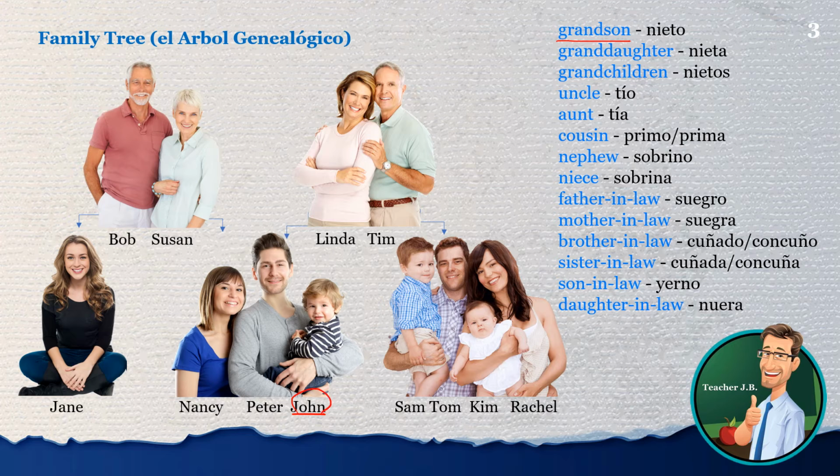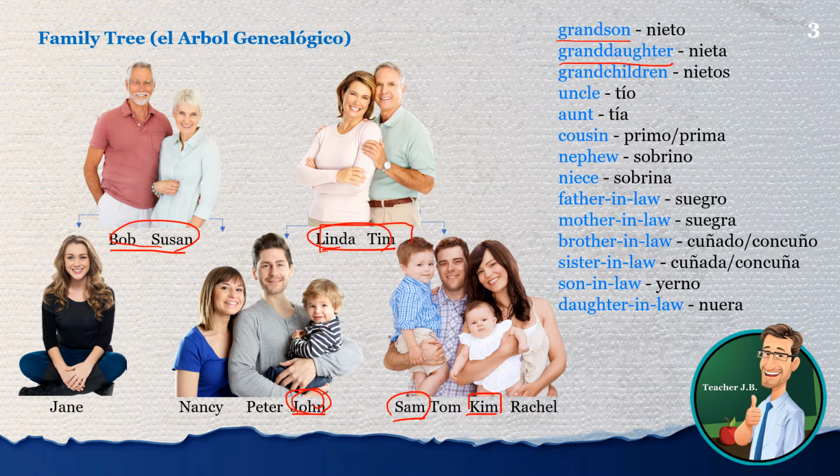Okay, here we have grandson. John is a grandson to Bob and Susan, and he's a grandson to Linda and Tim. Sam is a grandson to Linda and Tim. And granddaughter, Kim is the only granddaughter. And Bob and Susan don't have a granddaughter.